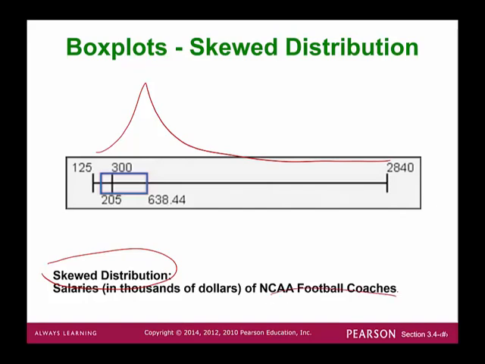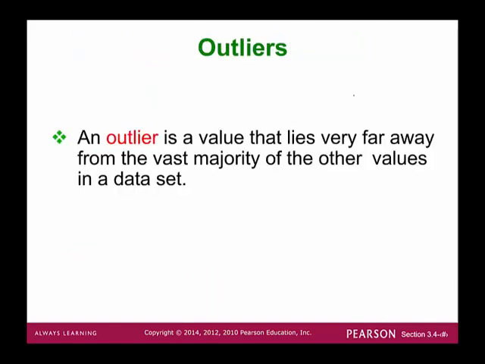Typically only those famous coaches make a lot of money, but most of them make average salaries. That's why we have this kind of skew to the right distribution. Meaning most of the salaries are concentrated on the low end.